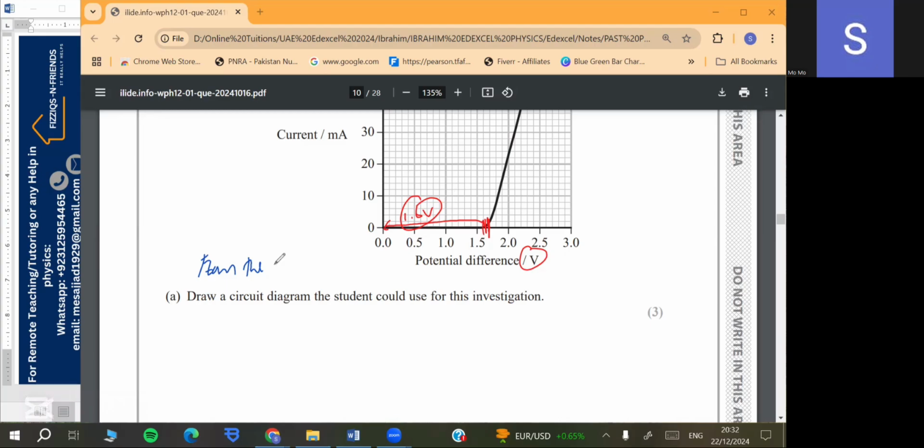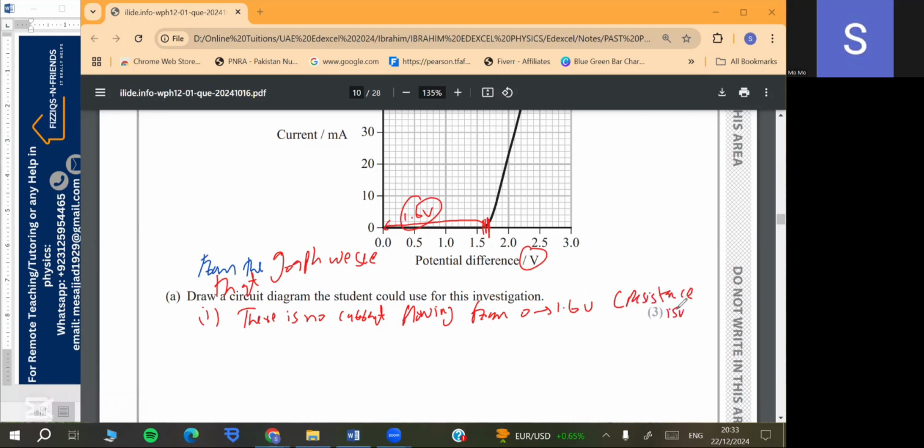You can see from the graph, point number 1, there is no current flowing from 0 to 1.6 volts. So we say that resistance is very high. In other words, we will say that no electrons are available in the conduction band to conduct the electricity.